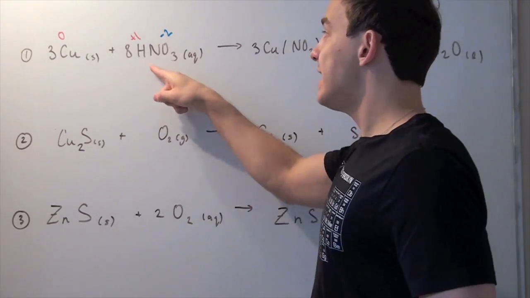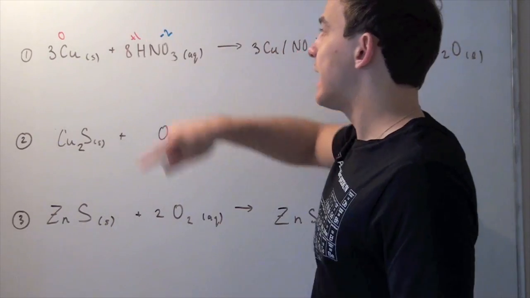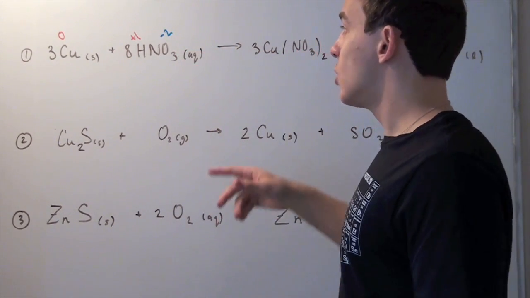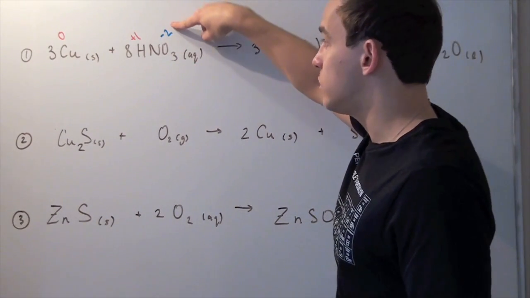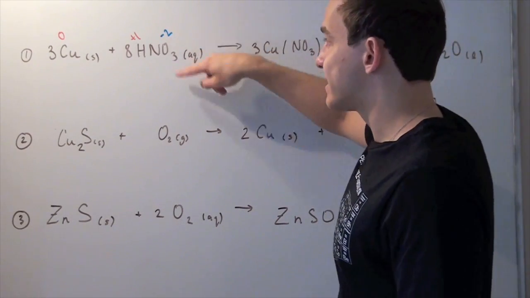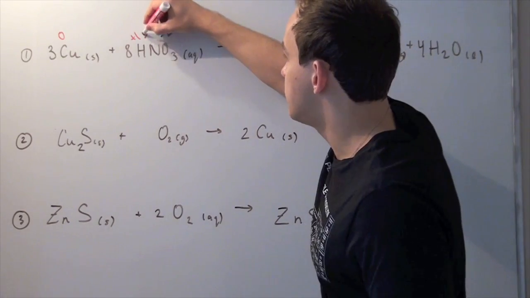So our N should be a number such that when you add that number to 1 and when you subtract 6, we get 0. Why -6? Well, because there are 3 oxygen atoms. So 3 times -2 gives us a total of -6. So -6 plus 1 gives us a 5. So our N should be 5.